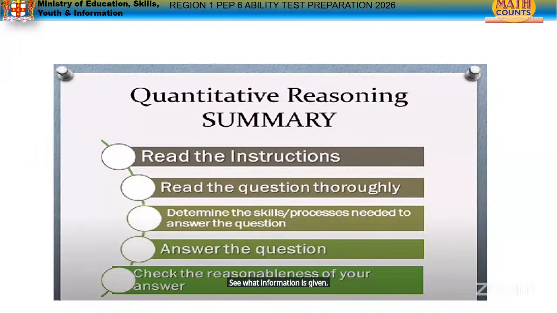Look also and see if you can observe a pattern of some sort. Along with that, you now decide on the skills that you might need, the process and the strategy that you're going to need to solve. For the answer, you could use your tables, your number line, your benchmarking, along with a number of other strategies that you would have learned.